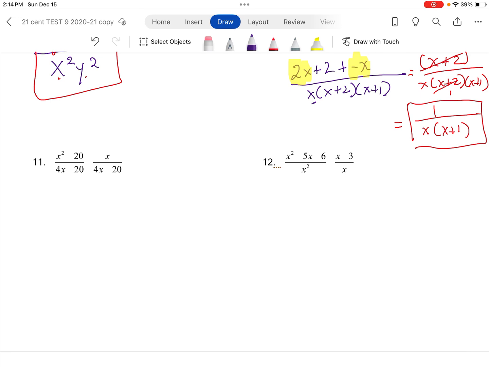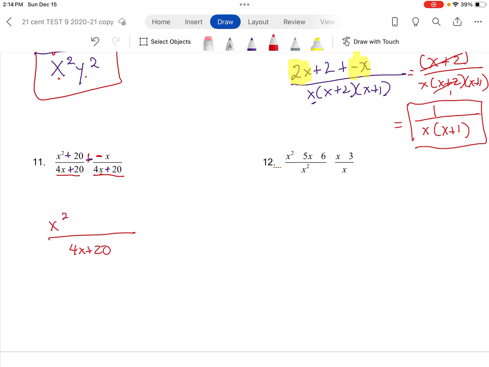All right. In number 11, it is a subtraction again. So I'm going to change that to add the opposite. I put my negative up by the parenthesis, or up by the numerator. Again, my denominators are already the same. So I have 4x plus 20 as my denominator.